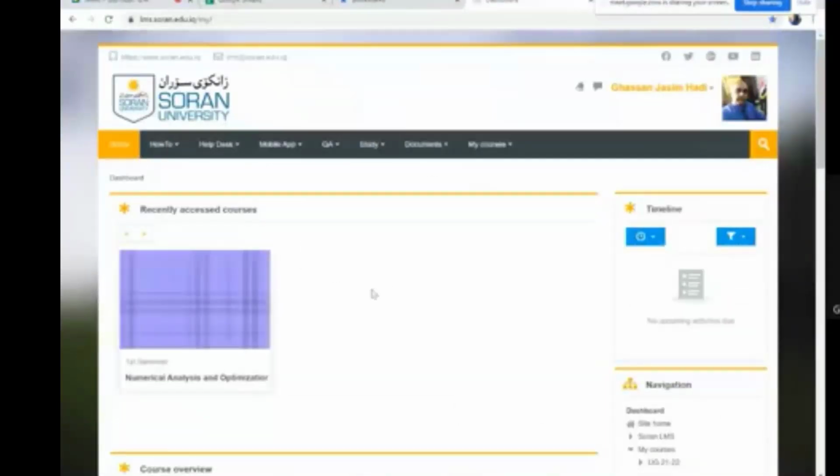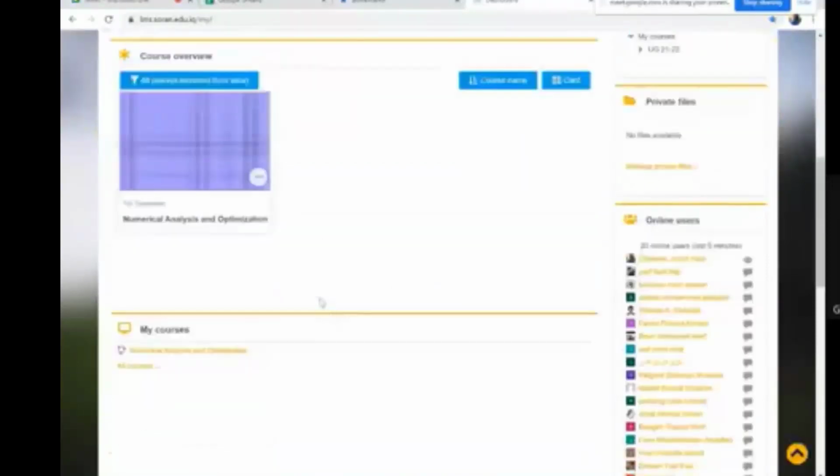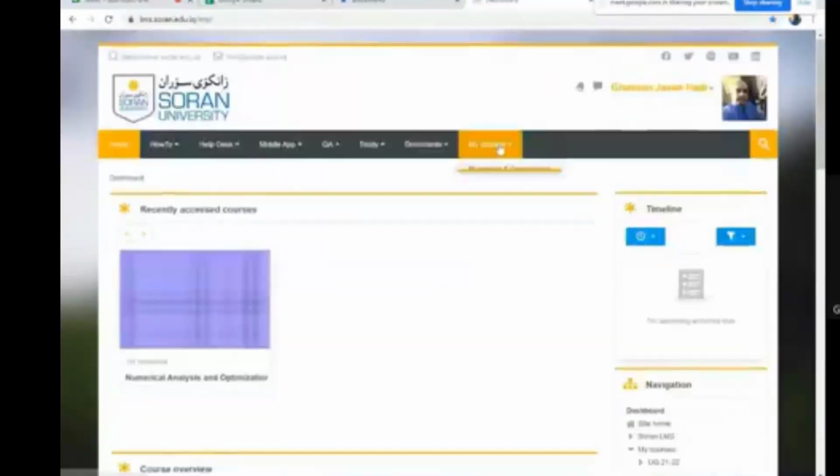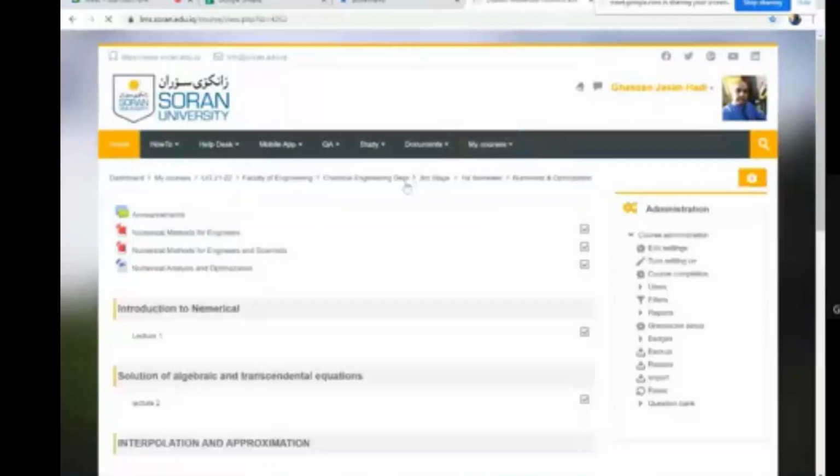Look at this. Do you see that? Yes, we can see. This is Numerical Methods for Engineering, and this is Numerical Methods for Engineering and Science. These are two books you can download from this website. And this is your syllabus. And this is the first lecture, and this is the second lecture.